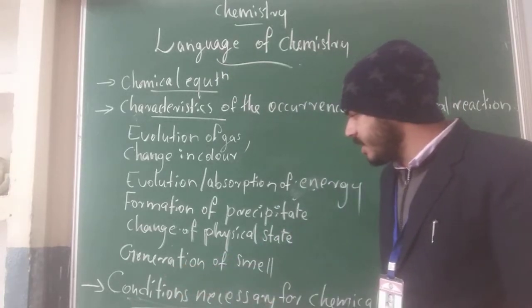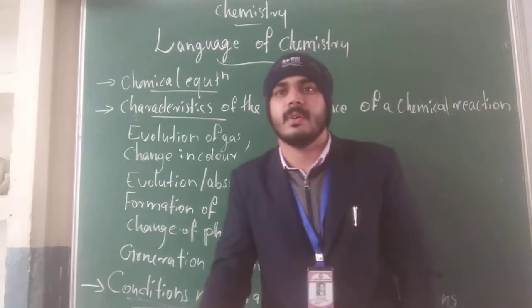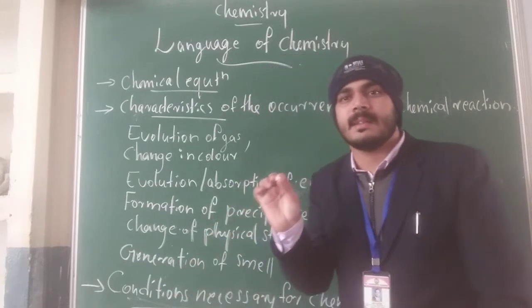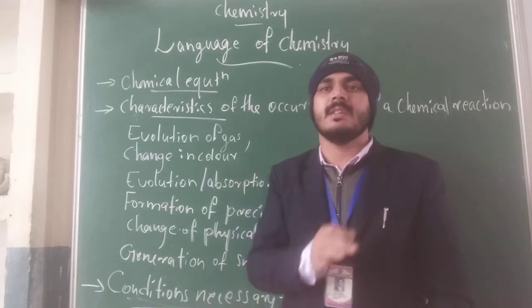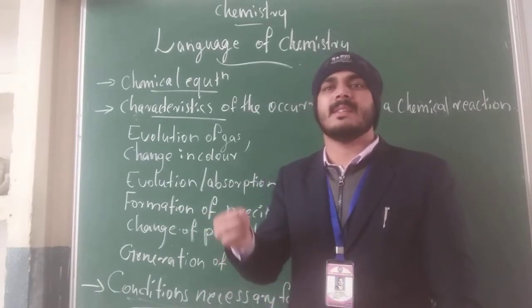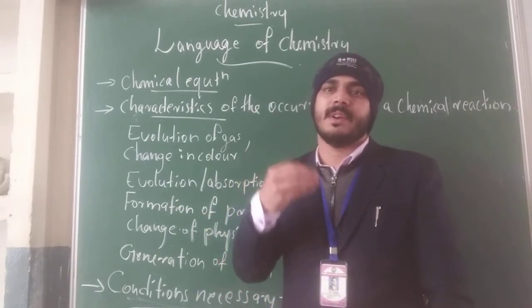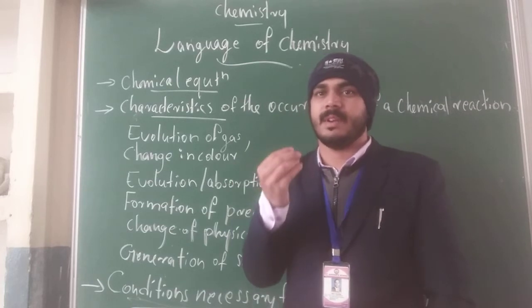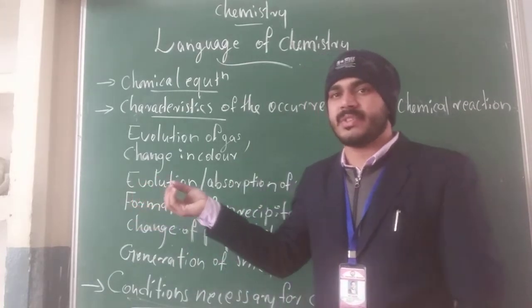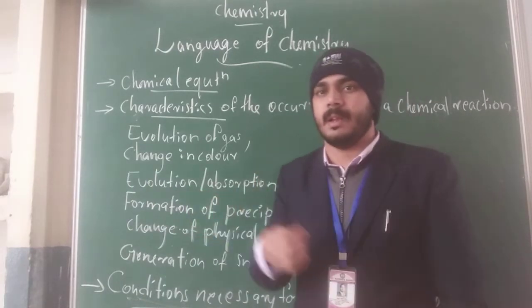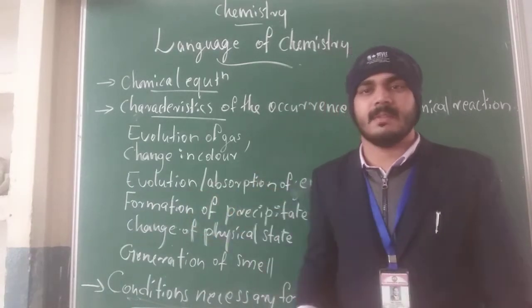The next one is generation of smell. Some types of substances react to form a pungent smell or some different types of smell or odor. This type of chemical reaction is called generation of smell. A very good example is given in your book.